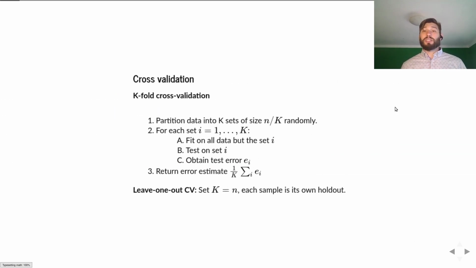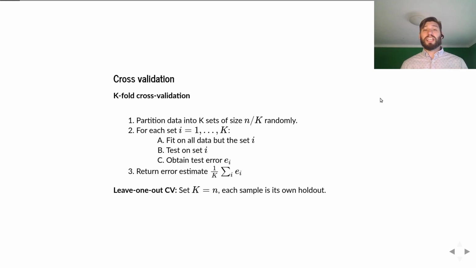There are a lot of ways in which this can happen, but the most common way is K-fold cross-validation. In K-fold cross-validation, we randomly partition our data into K sets of size n over K, so we just group the data into K sets of about equal size. Then for each of these sets, we fit on all but the ith set. So say we're doing 5-fold cross-validation.